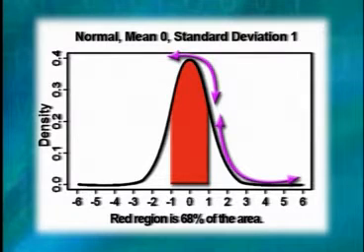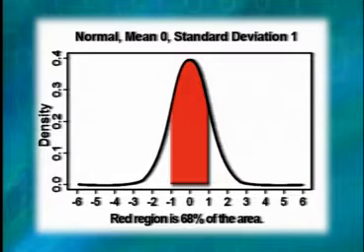Any normal distribution will have the property that a certain fraction of the area under the curve lies within 1 standard deviation away from the mean. In other words, no matter what normal curve that you have, the amount of material between 1 standard deviation on the plus side of the mean and 1 standard deviation on the negative side of the mean is equal to 68% of the area under the curve.